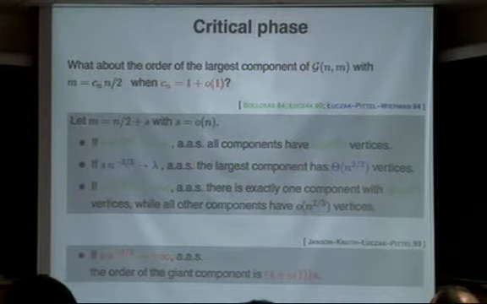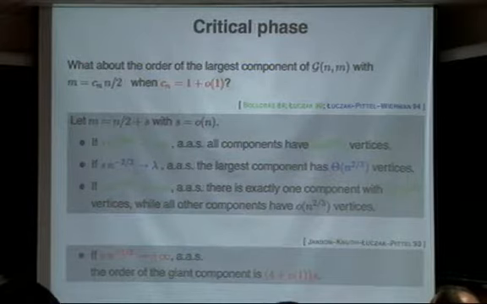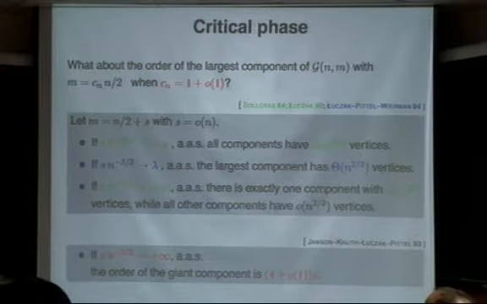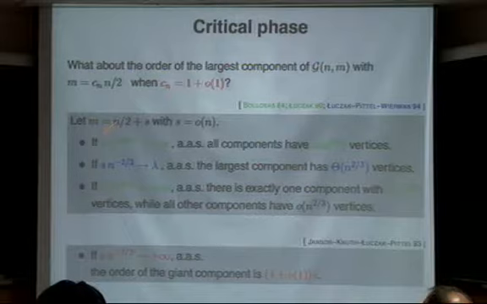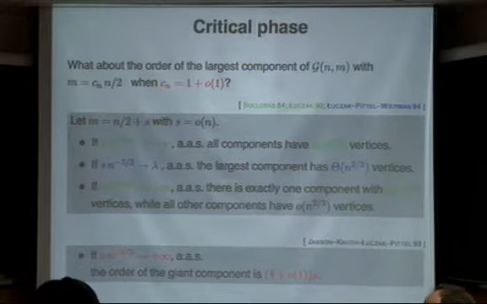From first view, it's rather strange why lambda equals 0 does not play a special role. But indeed, this is the case. When you study a phase transition, if you open up the window, then within the window, the behavior is the same. And this type of phase transition is universally observed in many kinds of random graph models.